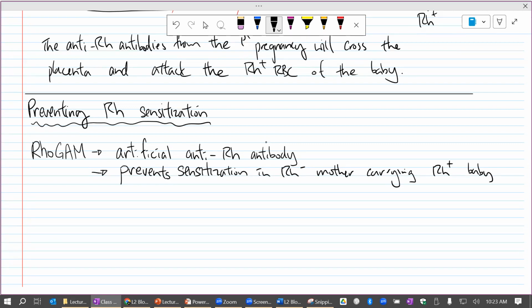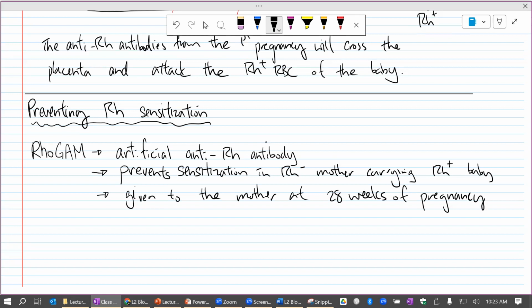So RhoGAM is given to the mother at 28 weeks of pregnancy, as well as within 72 hours of delivery.